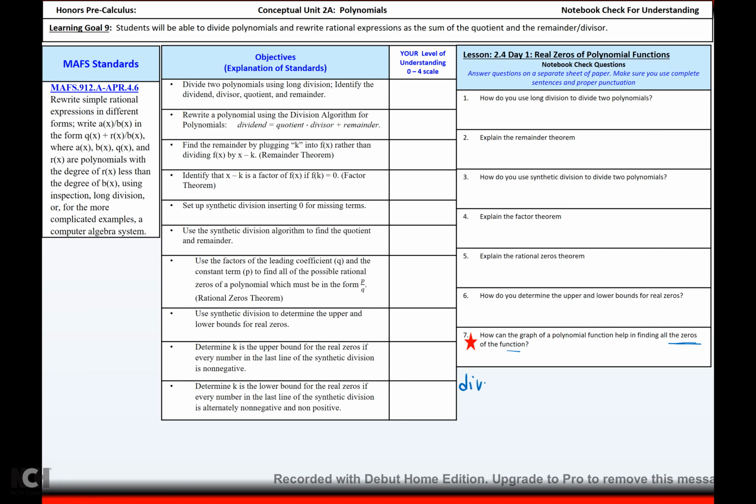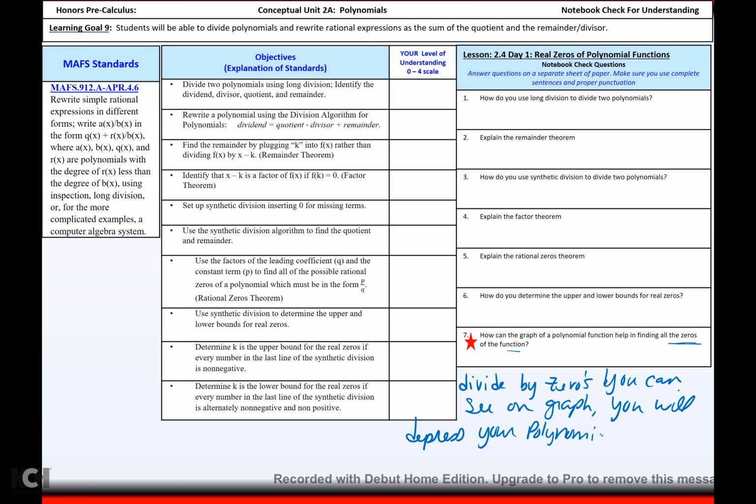Because if you divide by the zeros you can see on the graph, you will depress your polynomial to either first or second degree, which can then be solved algebraically. Okay.